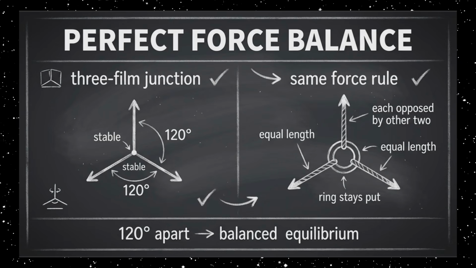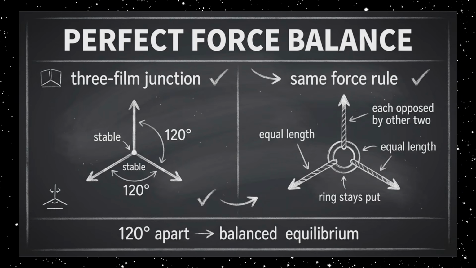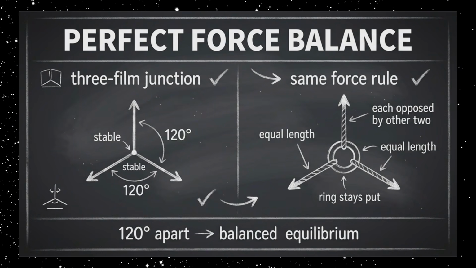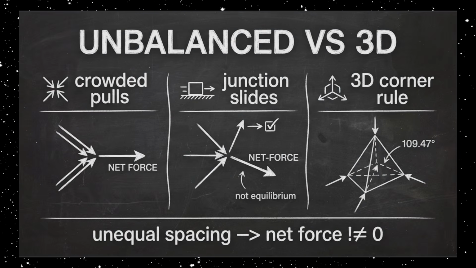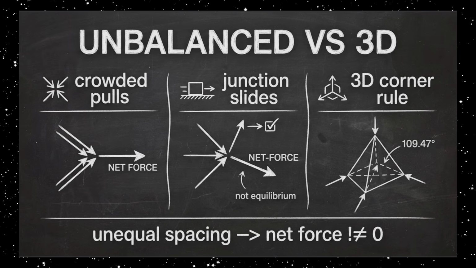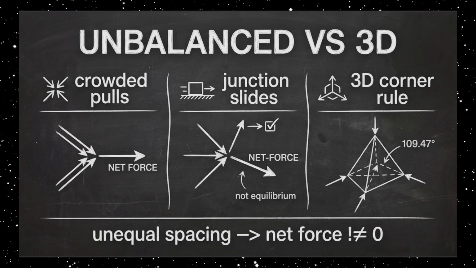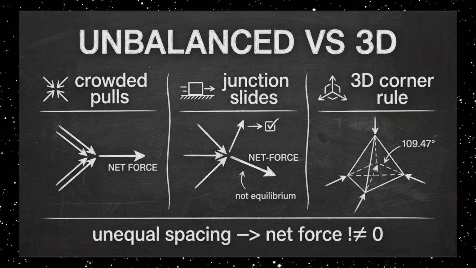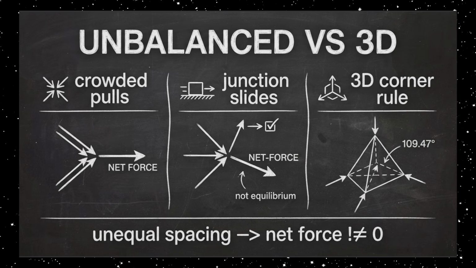Perfect balance. It's the same reason that if 3 people are pulling equally hard on ropes tied to a single ring, the ring will stay put only if the ropes are aimed 120 degrees apart. 2 people pulling in nearly the same direction would overpower the third. Any arrangement other than equal spacing means unbalanced force, which means the junction slides, which means the configuration isn't in equilibrium.